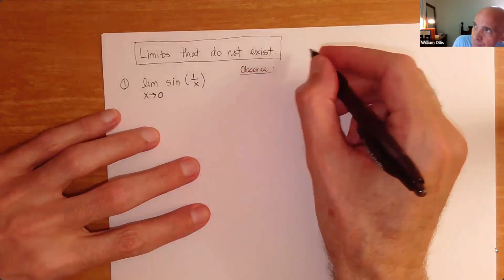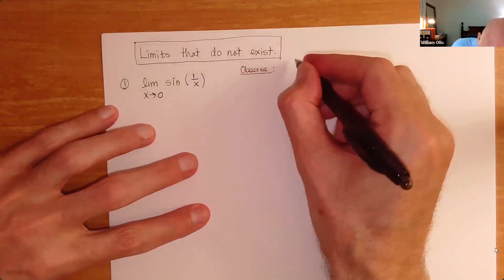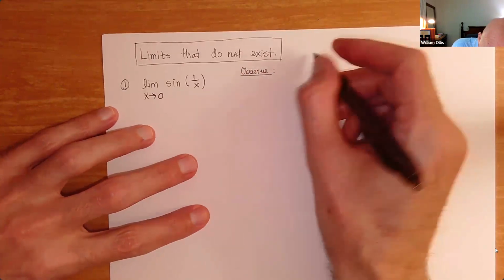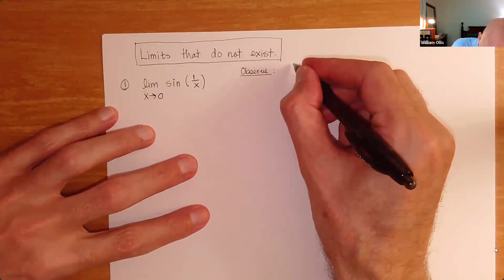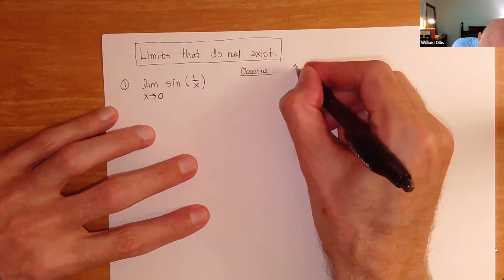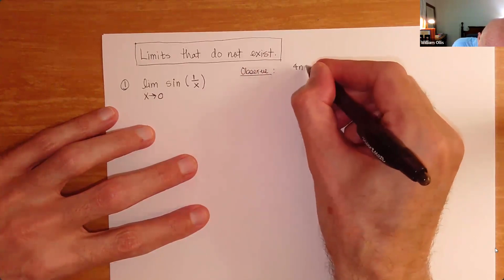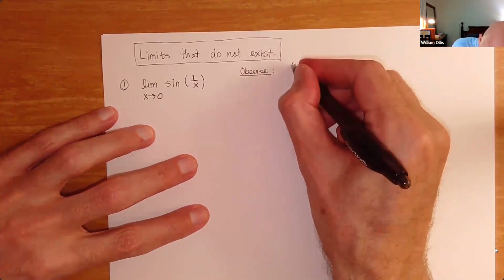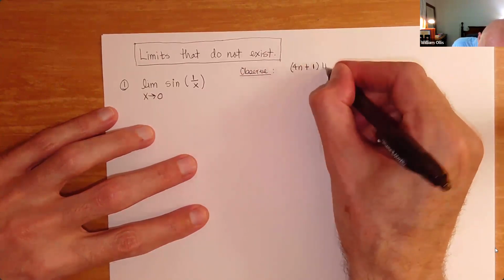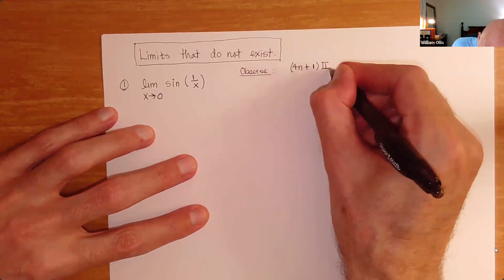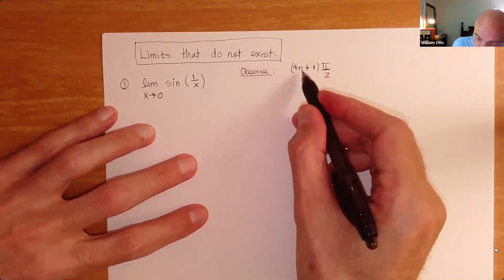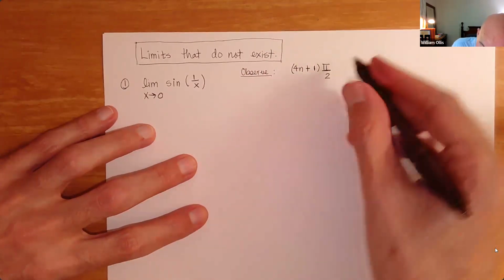So for instance, if we think, in this case, let's just do some congruence. So we'll say (4n plus 1) pi over 2, look like that. So this is congruent to 1 mod 4.